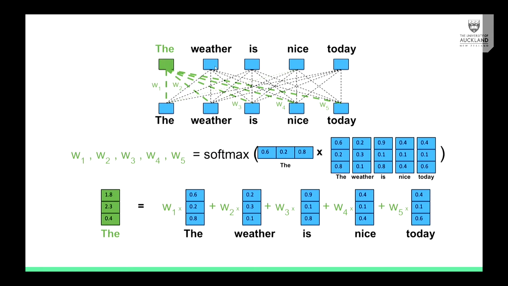Just take the word weather: how much the vector weather is connected to the other words like is, the, nice, today. As humans, we know weather and today are very much connected, because we use these phrases together. Weather and nice usually lie in similar distributions.